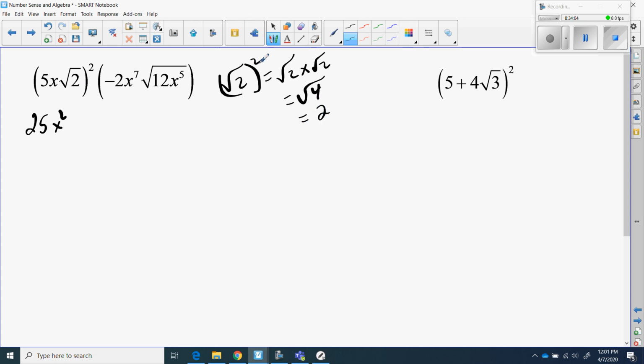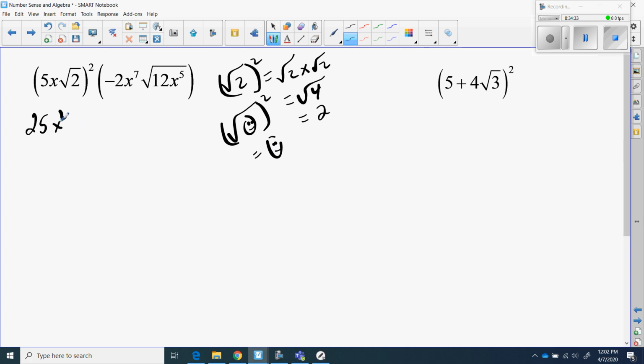Well, we can skip all this stuff. If you square a square root, they're basically inverse processes of each other. The squaring of a square root just wipes out the square root, and you're left with this. So for example, if I had the square root of a happy face in brackets squared, that would just wipe that out, and the answer would just simply be a happy face. All right, so if you're squaring a square root, it just gets rid of the square root symbol.